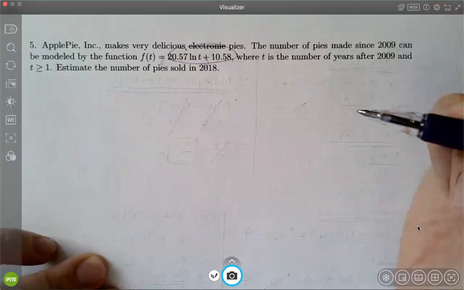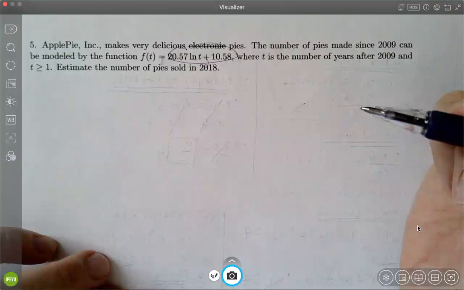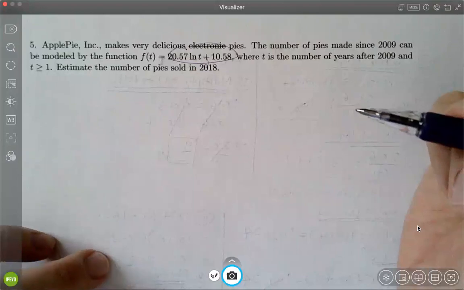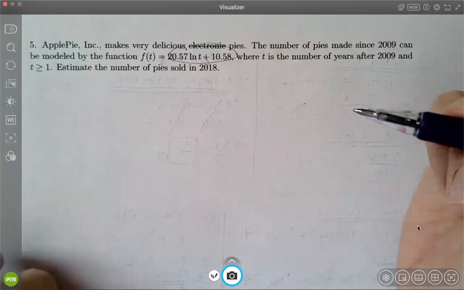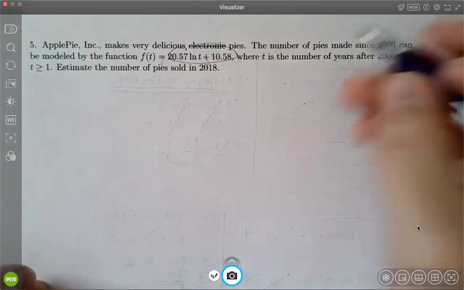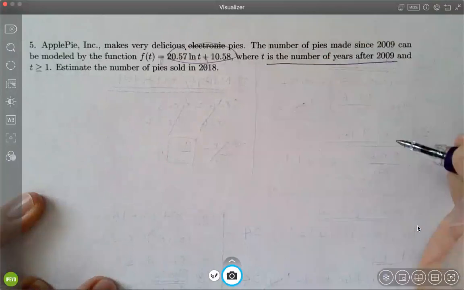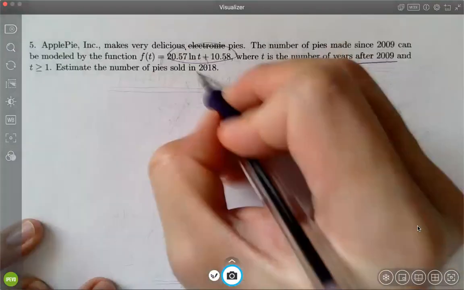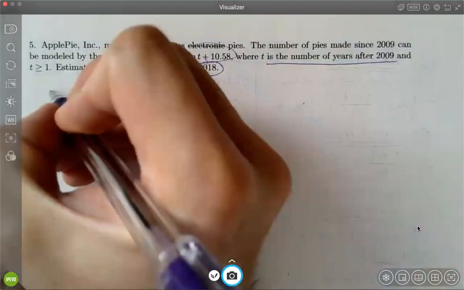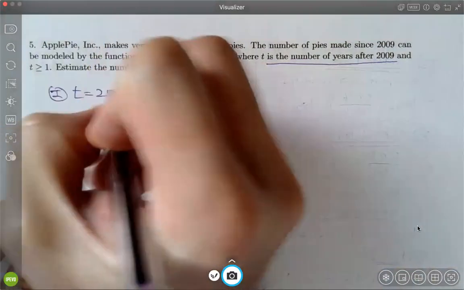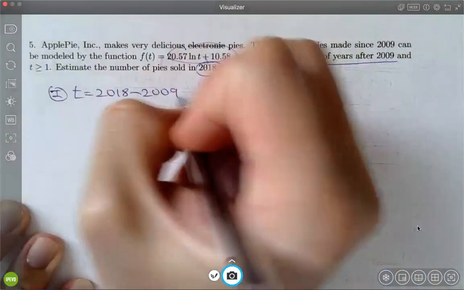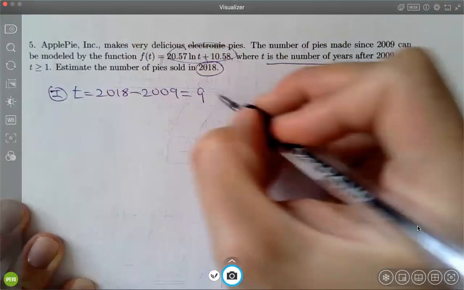We plug something into t. Okay, what do we plug in? 2018? So it should be 9. Should be 9, yes. Do you see why? Because t is the number of years after 2009, right? And that's the year. So t is equal to 2018 minus 2009, so that's 9. And we plug this into t.